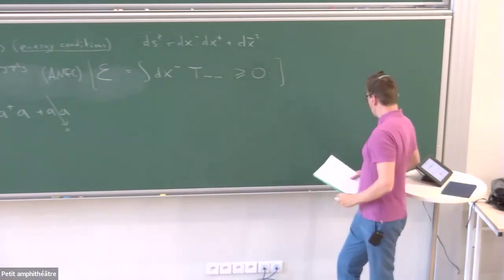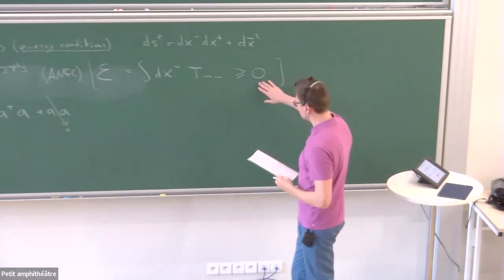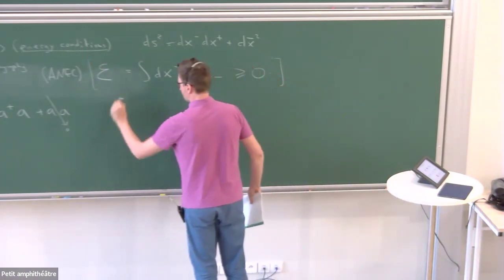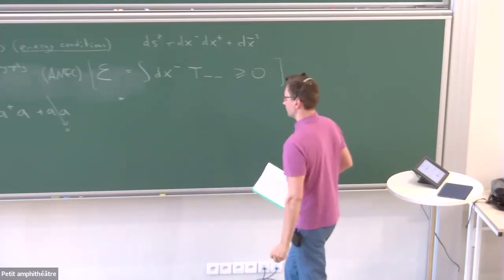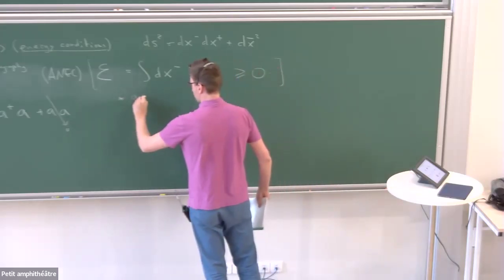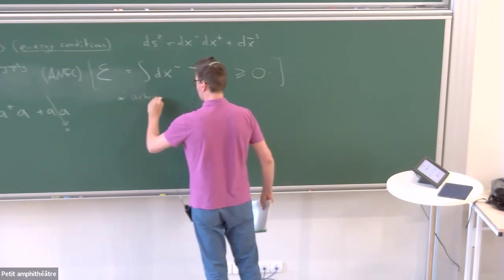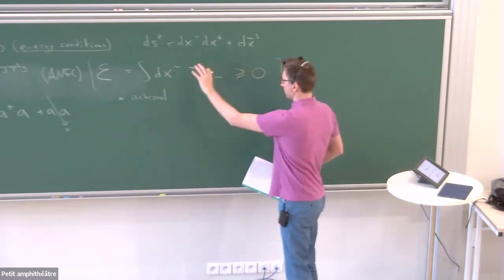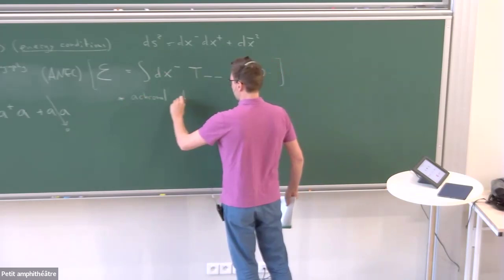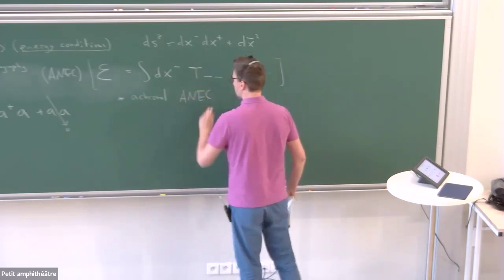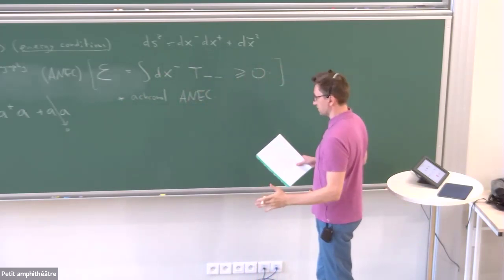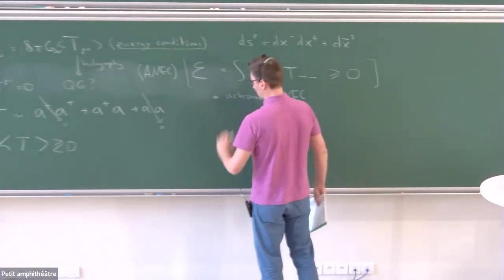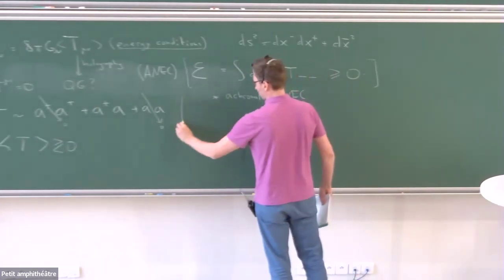Now, what is the status of this statement? Well, in the classical GR literature, people talk about achronal ANEC. Here I talk about Minkowski space, but more generally, this is believed to be true whenever you take a geodesic which is achronal, which means physically it is the fastest geodesic, namely that any two points on this geodesic cannot be made time-like separated.